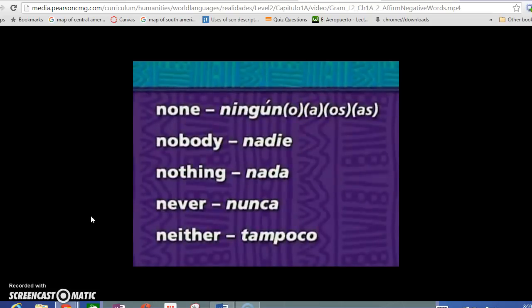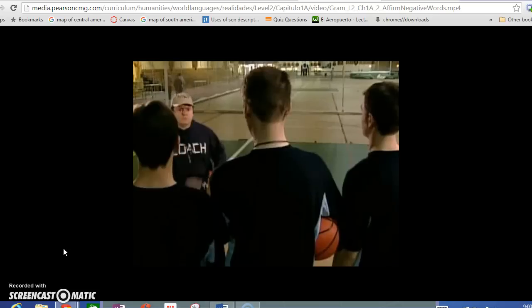And of course, with positive comes negative. Now your negative words, examples of negative words, write these down, are none, nobody, nothing, never, and neither. In Spanish, they are ningún, nadie, nada, nunca.